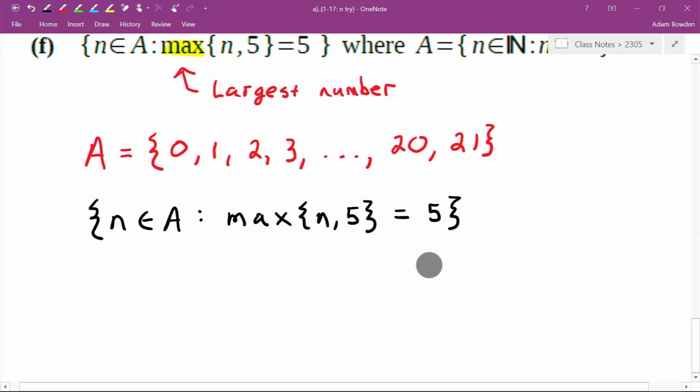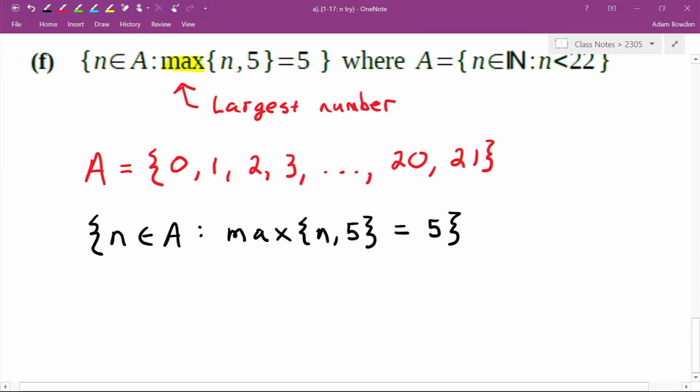We'll look through the numbers contained within A and compare them with the maximum with 5. So for instance, starting with 0, the max of 0 and 5 would be equal to 5. We'll go to the next number in our set A, which is 1. The max of 1 and 5 is still equal to 5.